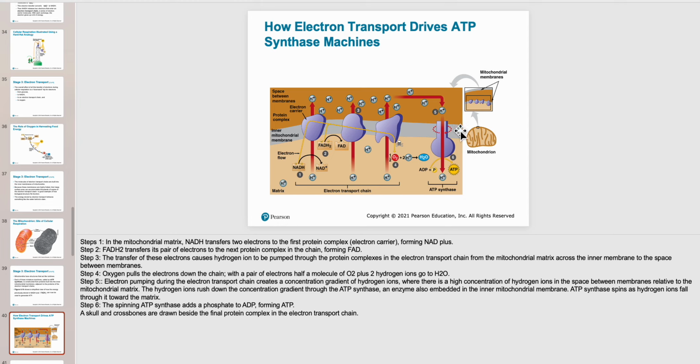And as it spins, it actually takes ADP, joins it with phosphate. So we're using energy basically to join these two to make ATP. Now, how do we get the energy though? Up here are all these hydrogen ions that want to go down from high to low, just like water.